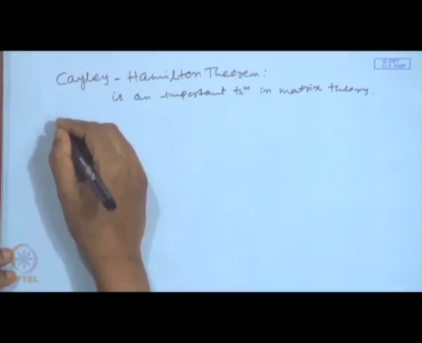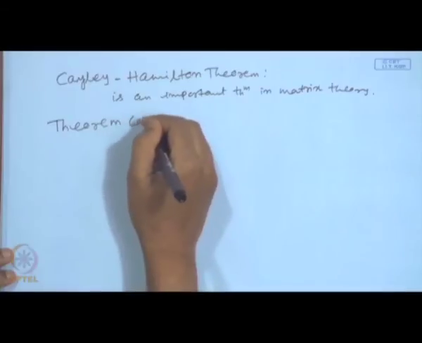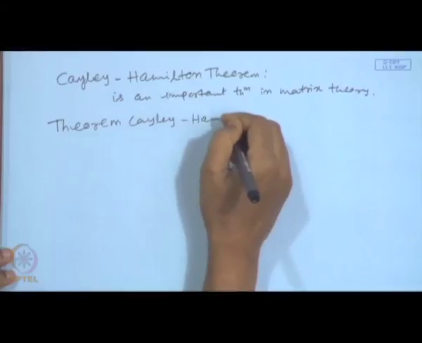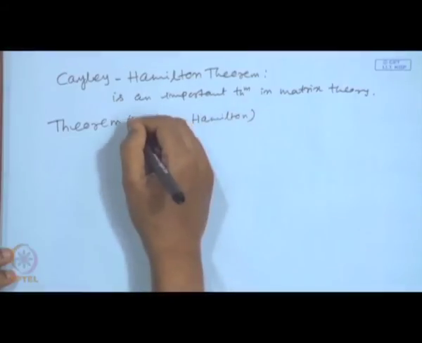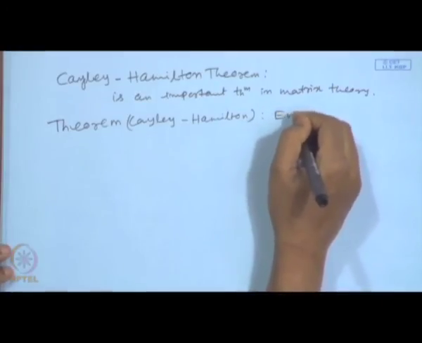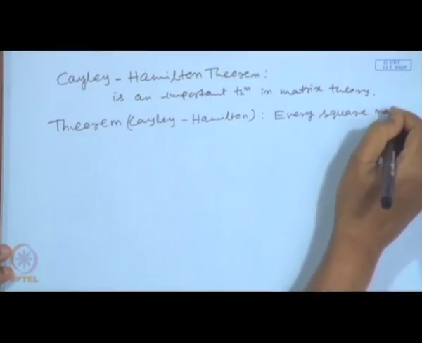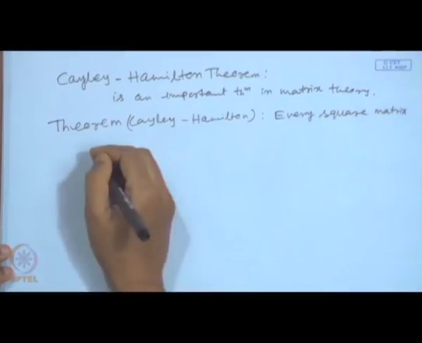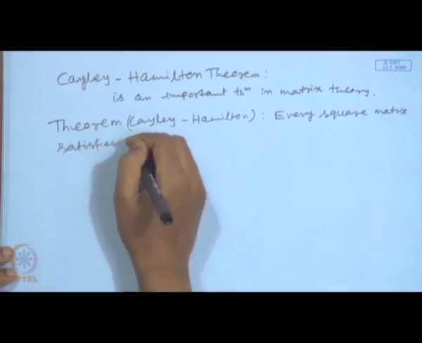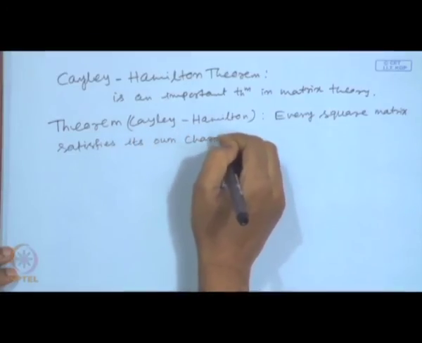This Cayley-Hamilton theorem states like this: every square matrix satisfies its own characteristic equation.